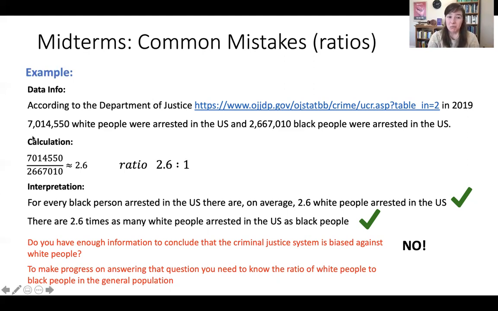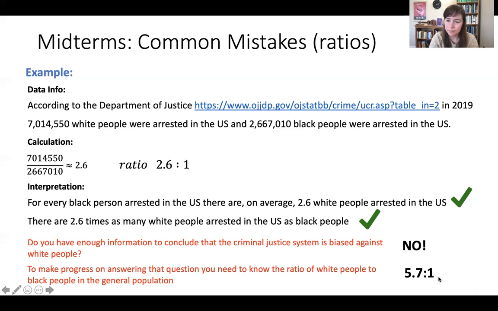Yes, 2.6 times as many white people as Black people were arrested in the US. But there are way more white people than Black people in the US, so you'd expect more white people arrested. If you want to look at ratios instead of rates, the relevant comparison is that the ratio of white people arrested to Black people arrested is 2.6 to 1, and you should compare this to the ratio of white people to Black people in the total population, which is about 5.7 to 1.